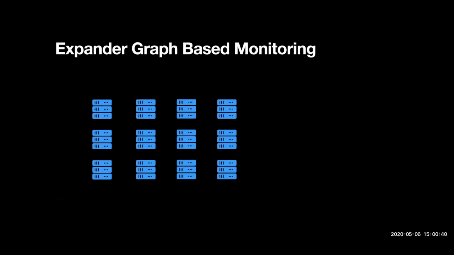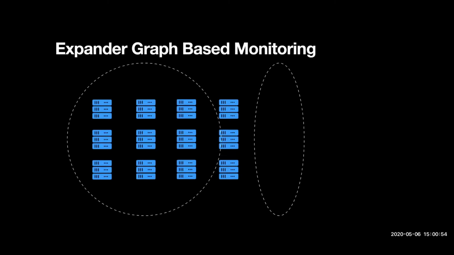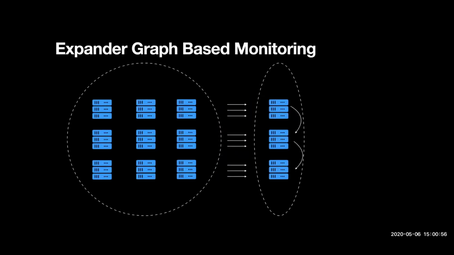So let's consider this given cluster where, along the horizontal lines, the first three columns observe the rightmost column. So when a fault is detected, all of the horizontal nodes on the left will generate alerts.